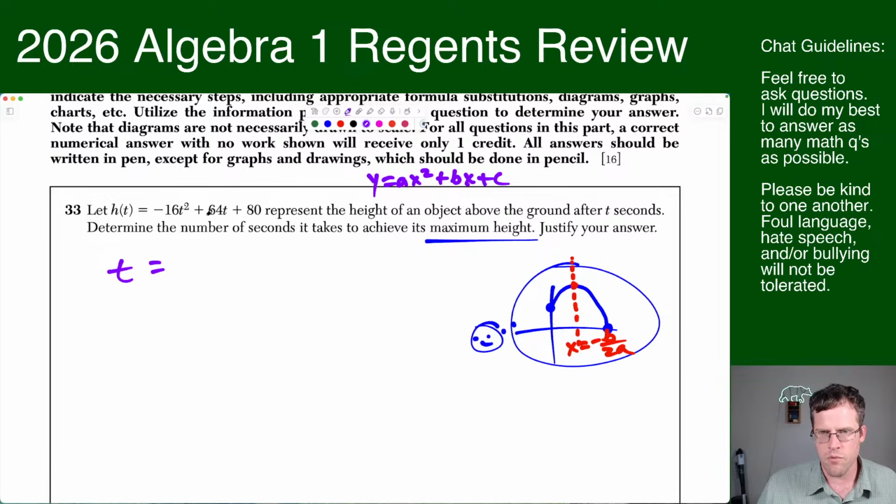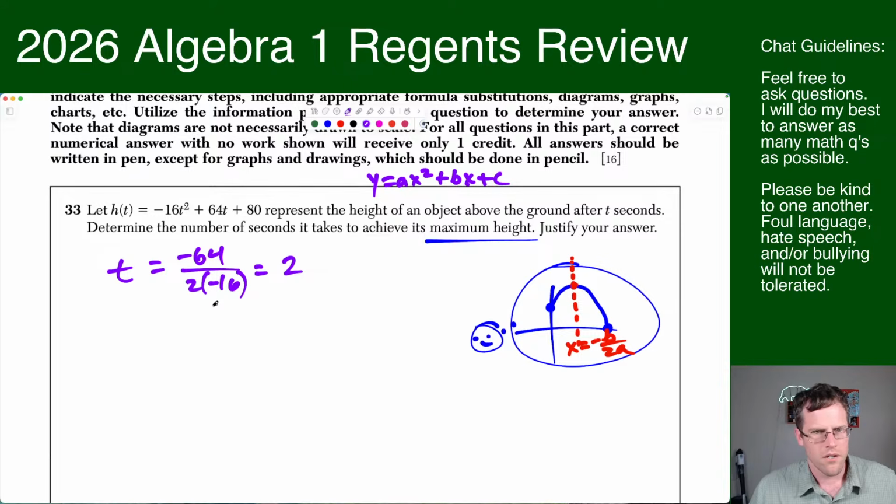So negative b would be negative 64 over 2 times a, which is negative 16. And then negative 64 divided by negative 32 is positive 2. So determine the number of seconds it takes to reach maximum height. I would just say 2 seconds. All right, it's going to take 2 seconds here. And that would count as justification because I'm using the formula. So I would say t equals 2, so 2 seconds.